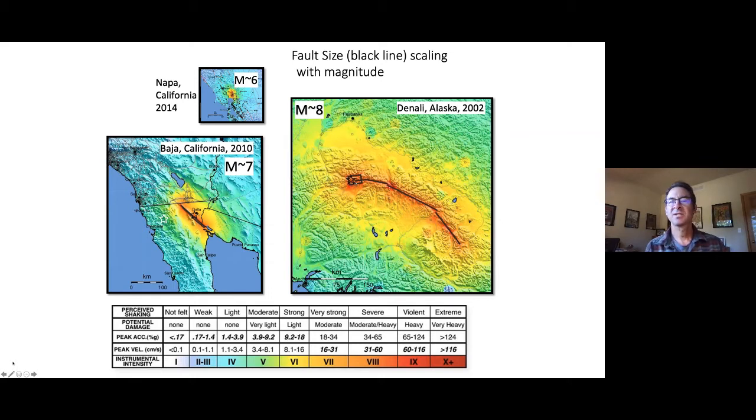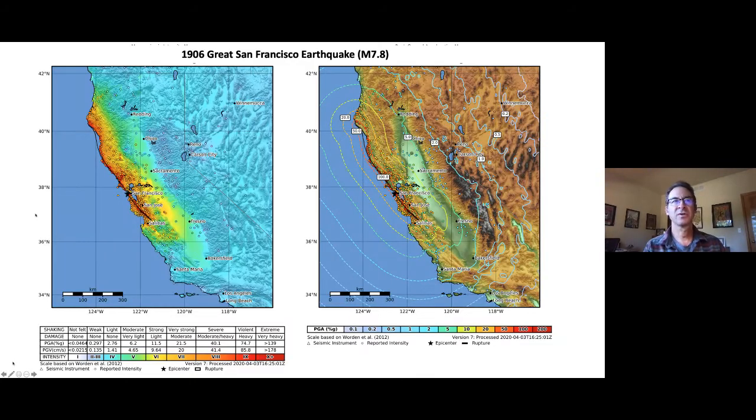So at the NEIC, at the National Earthquake Information Center, one of the systems that we have is to determine this fault dimension as quickly as possible and to input that into the shake map to better estimate the shaking. That typically takes us an hour or two for a simple earthquake, or a little bit longer for earthquakes that are more complicated or slightly smaller that are hard to evaluate. So again, that fault dimension, as I mentioned for the 1906 earthquake, is really what's driving the strongest shaking along the fault, and so it's very important to establish that.